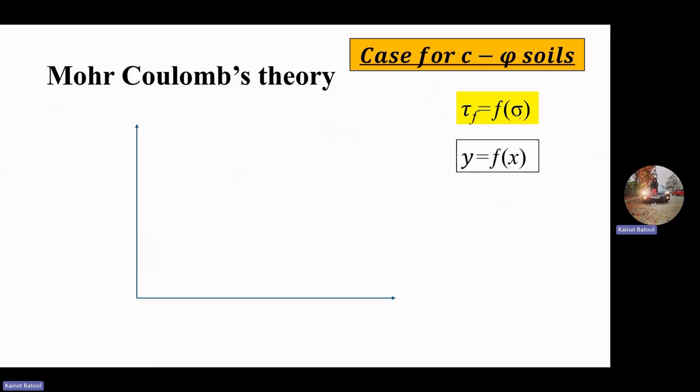So now we know that y is always a function of x, and this is our x-axis, and this is our y-axis. On the x-axis, we will plot sigma, and on the y-axis, we will plot tau f, the shear strength values, right? Now let's consider an example where our soil has a certain normal load, that is sigma n, and it has a certain cohesive strength, which is also a strength parameter.